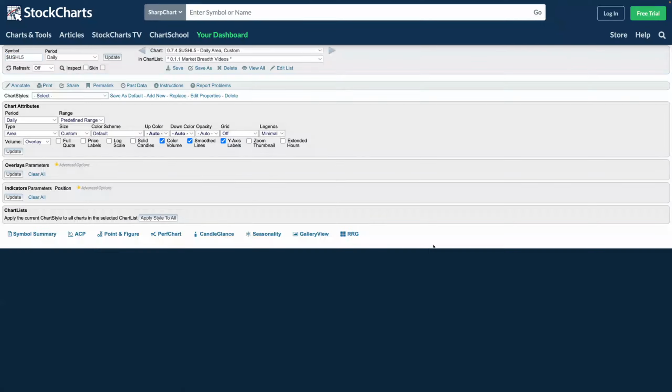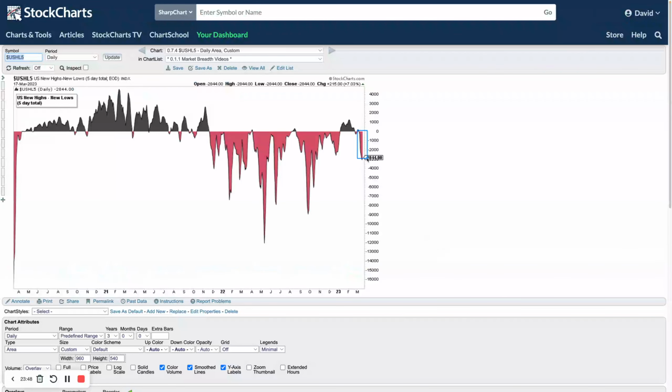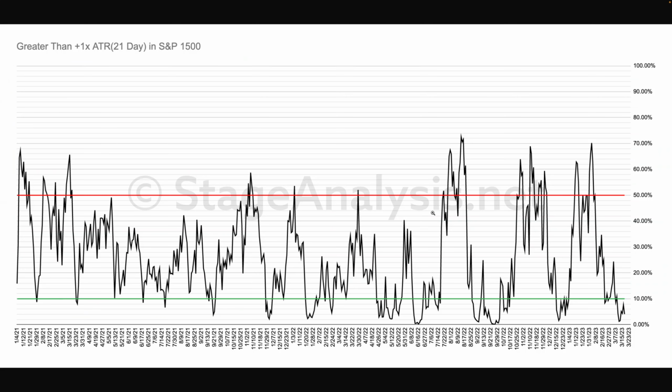But on the 5-day average, we have dropped back below the zero line recently. The recent spate of breakout attempts, new highs, have quickly reversed, and we're making more new lows in a very short period here, and we've actually broken below the level that we got to in December as well. So again, a more negative signal.